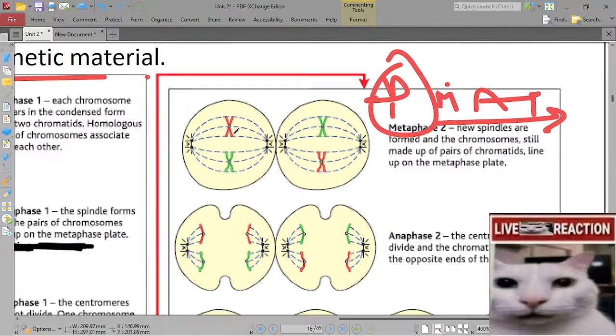So you can say that the chromosomes line up on the plate, and the centrioles are already on the polar ends, and they form spindle fibers which bind to the centromere.